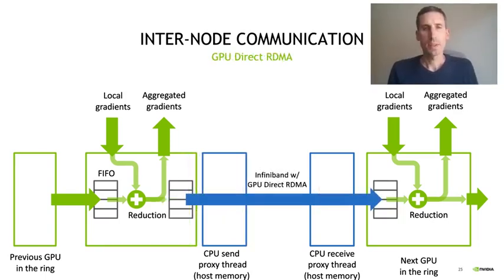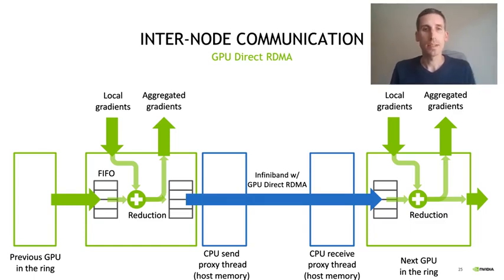And if your network supports GPU Direct RDMA, then we'll be able to send directly from the source GPU's memory through the network, and then receive directly to the receiver GPU's memory. And that is especially important when the NIC and GPUs are connected through a PCI switch, because in that case, you definitely don't want to go back to the CPU.